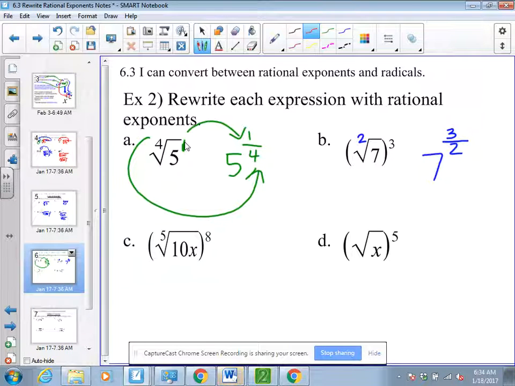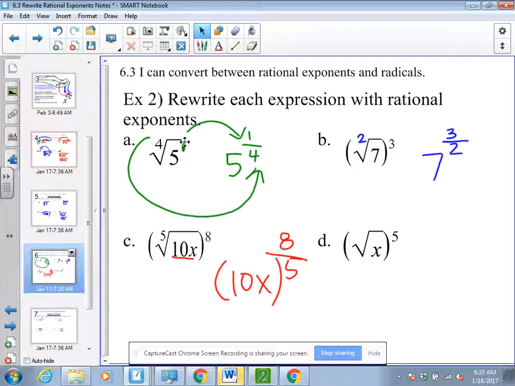If I look at C, this time my base is more, so I'm going to go ahead and put my base in parentheses. My exponent is going to become my numerator. My index is going to become my denominator.